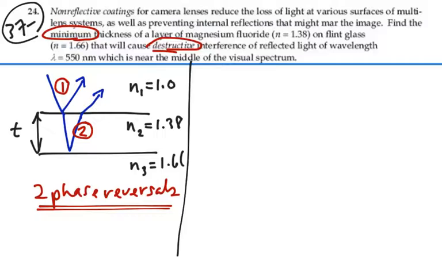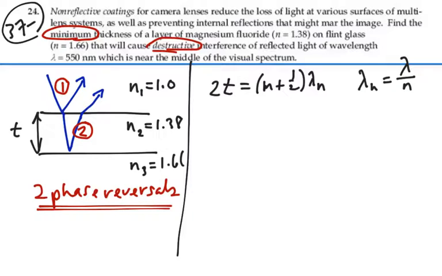So we want 2t to be equal to m plus 1/2 times the wavelength within the magnesium fluoride. So this wavelength within the magnesium fluoride is the wavelength in air divided by the index of refraction of the magnesium fluoride.